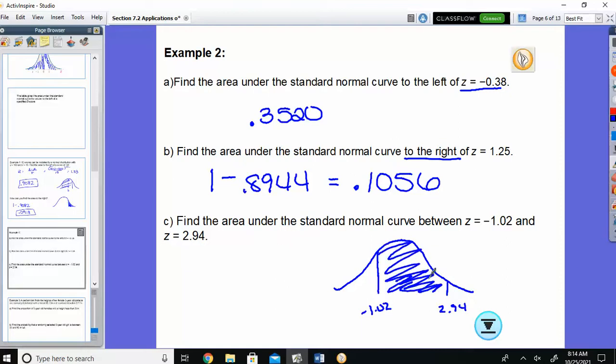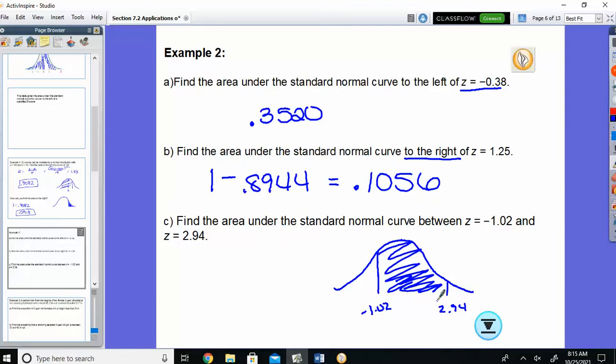I want everything between those two. What would I have to do? Take the area to the left of negative 1.02 and the right of 2.94, and then add them together and subtract from 1. Or go to the chart and find the one for 2.94 and then the one for negative 1.02 and subtract.